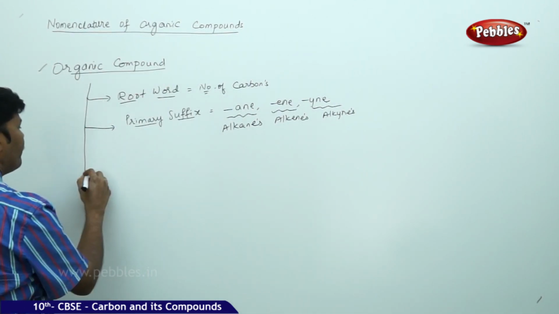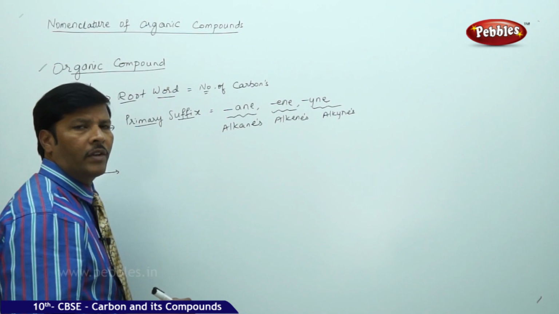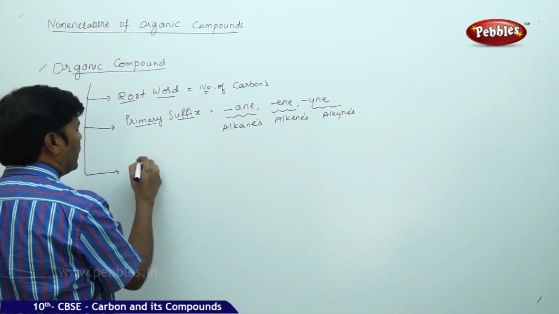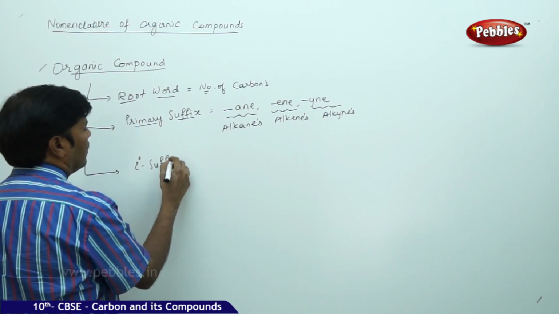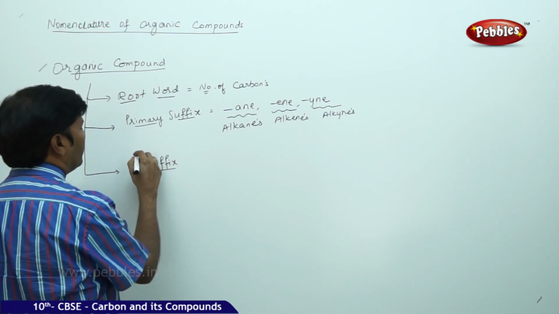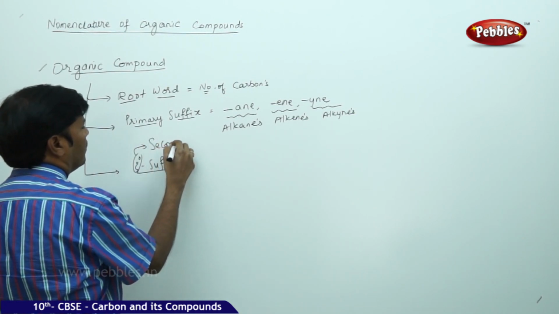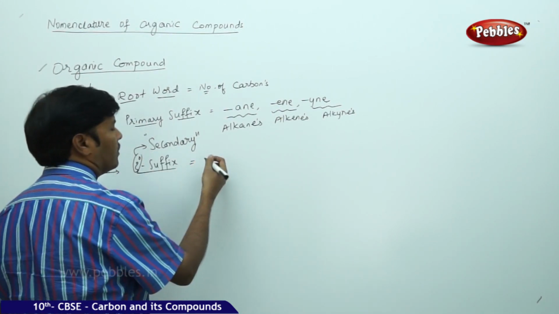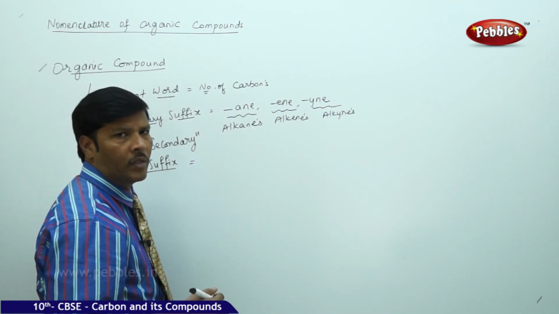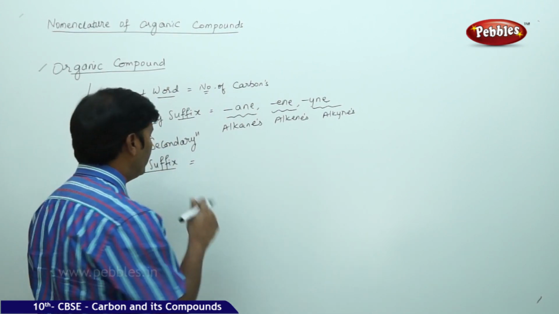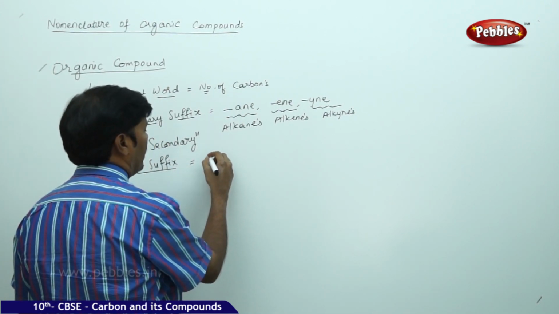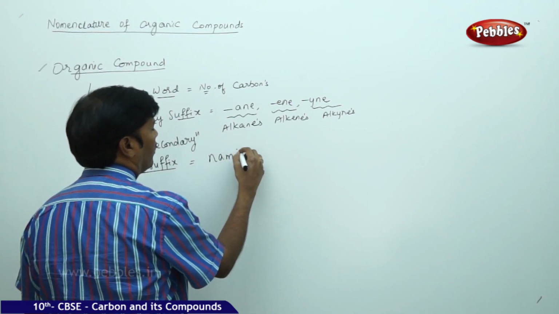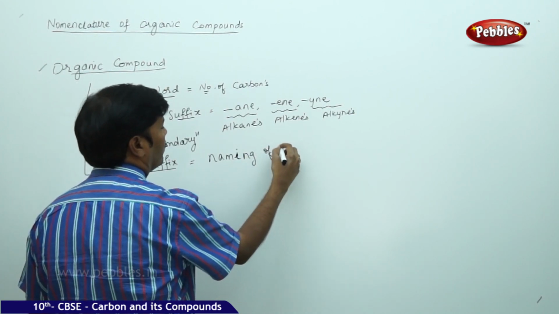Apart from this, after the primary suffix you can go for a secondary suffix. The secondary suffix gives the technical name of the functional group. Secondary suffix is nothing but the naming of the functional group.